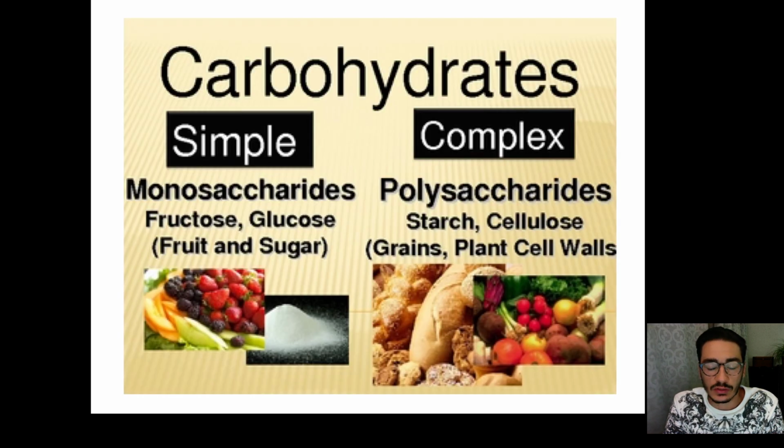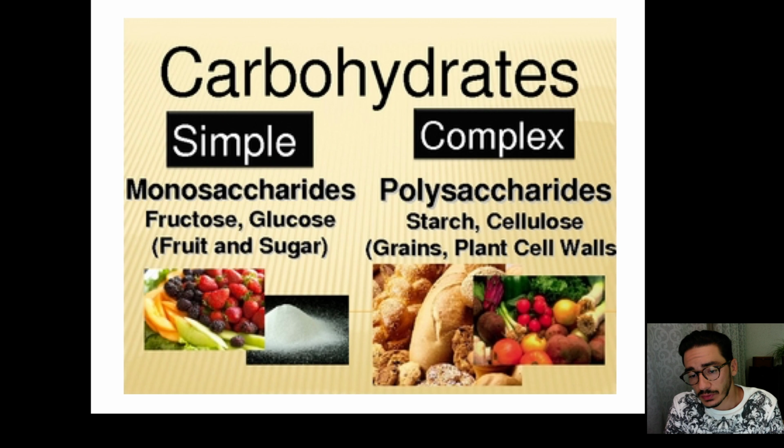So the next one is carbohydrates. We're going to talk about carbohydrates. We know we have simple and complex carbohydrates, but what does that mean? The simple carbohydrates, such as fructose and glucose, you can find in simple sugars like fruits, cakes, and all the processed food, unfortunately.